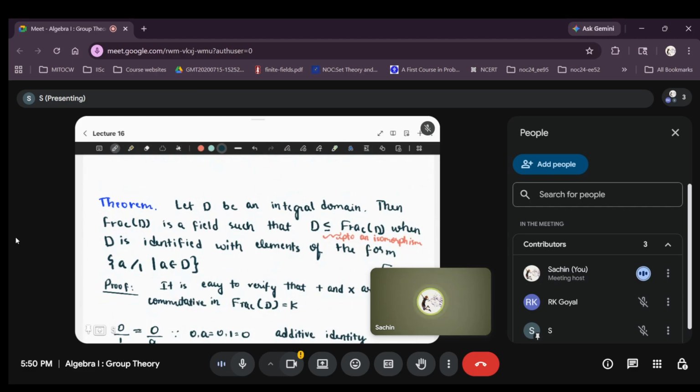So in that sense, or if you wrote, so this frac D is something like this.